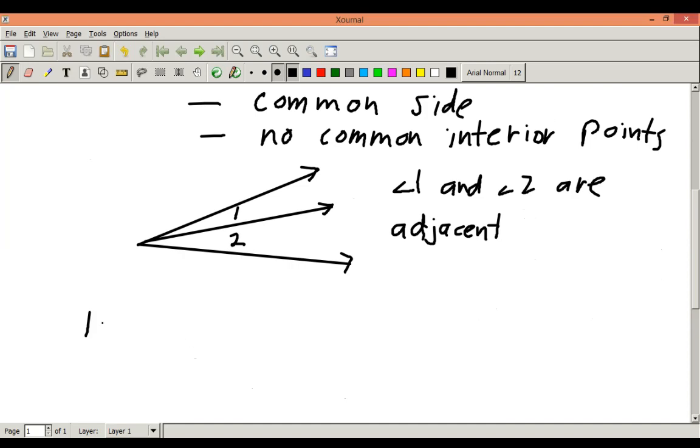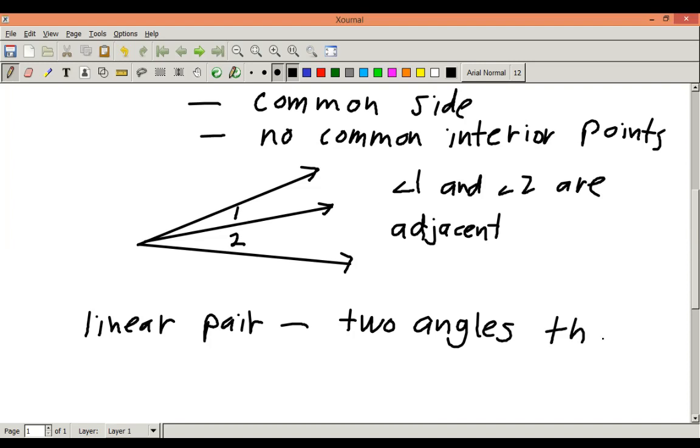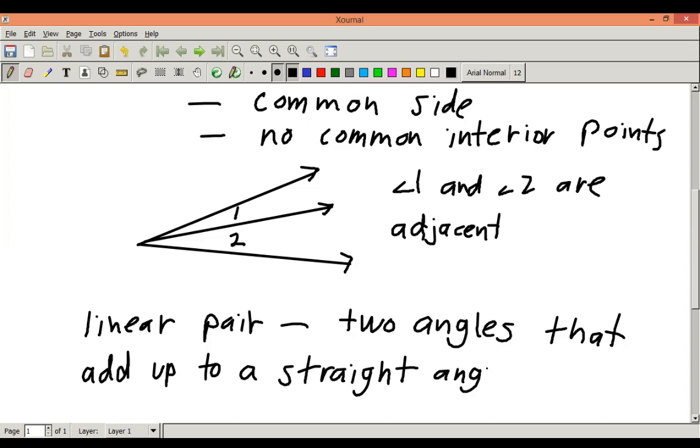Next bit of vocab here would be a linear pair. That's simply two angles that add up to a straight angle.